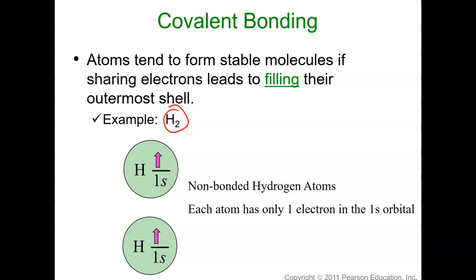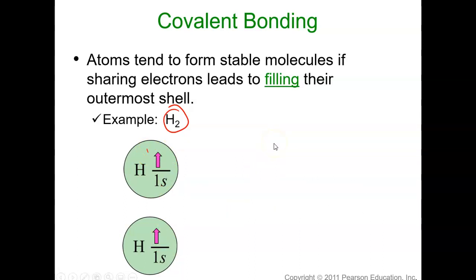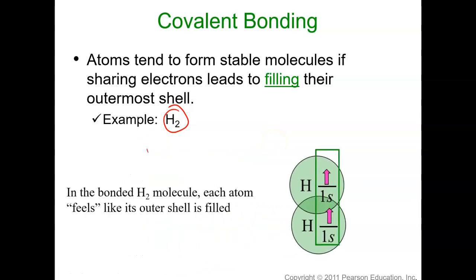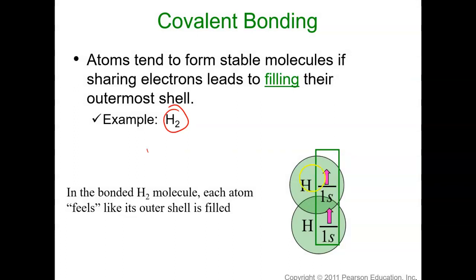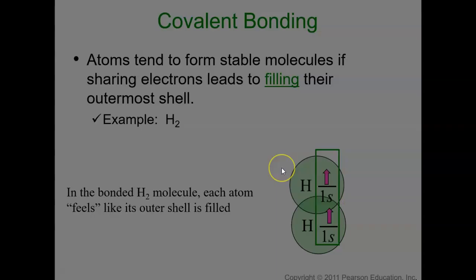Each hydrogen is in group 1, so has 1 valence electron, but each hydrogen wants another electron so they can have their outermost energy level filled. So what they do is they share. And so each of these atoms feels like its outer level is full. So this hydrogen thinks it owns these 2 electrons, and this hydrogen thinks it owns these 2 electrons. So they're sharing their electrons.